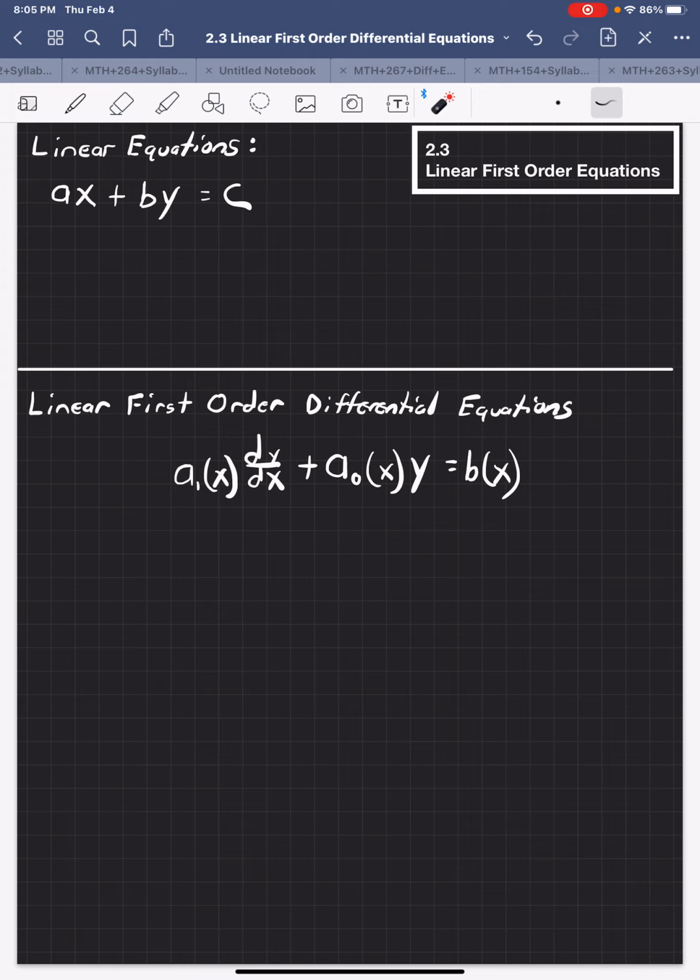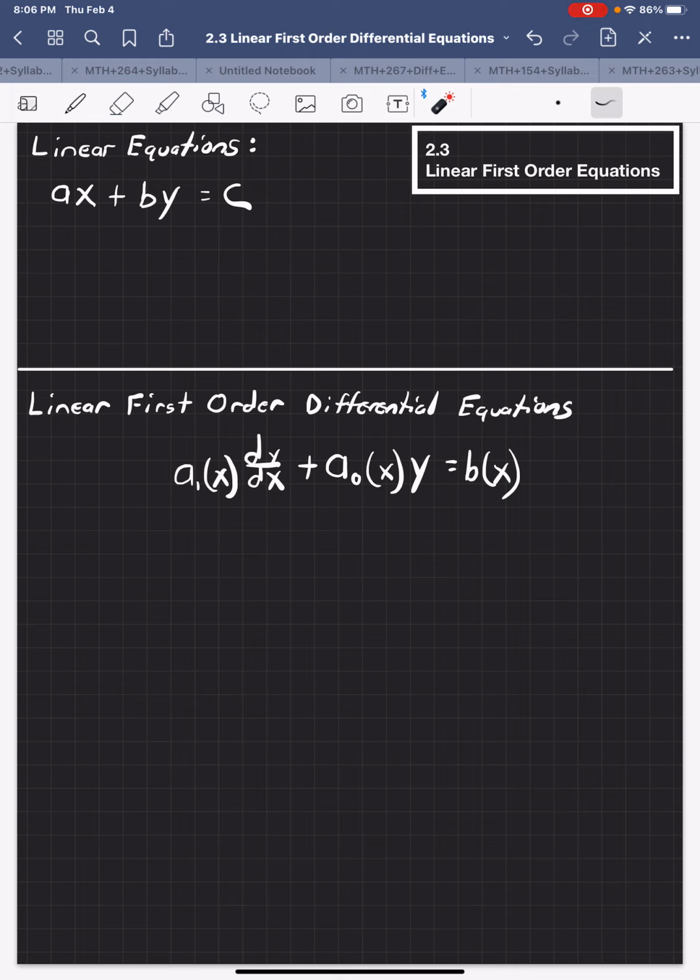But the idea is we have a function of x attached to dy dx plus a function of x attached to y, and that is equal to a function of x, okay? So we know that this is linear because you can think about the power of the first derivative being 1.